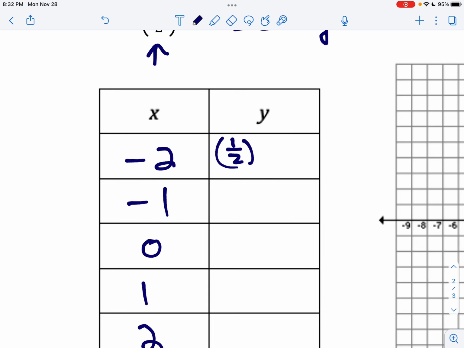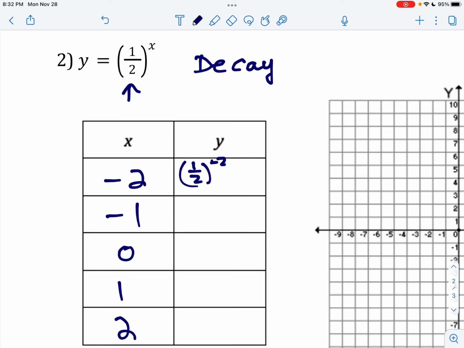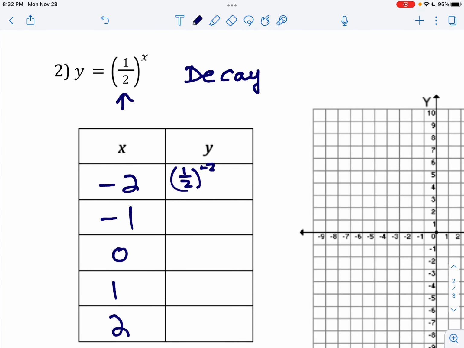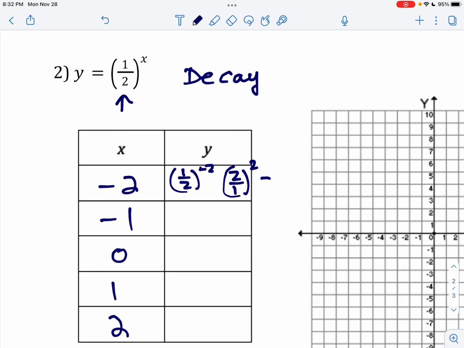1/2 to the -2 power. Well, that means I have to flip my numbers, which is going to be 2 over 1 squared. 2 squared is just 4. So that is going to be 4. If we do 1/2 to the -1, that means it's going to be 2 to the first power, which is 2.